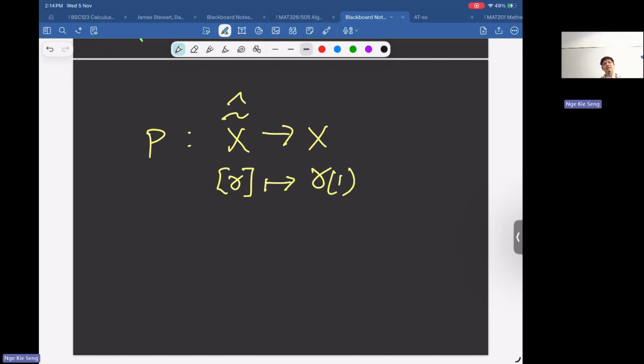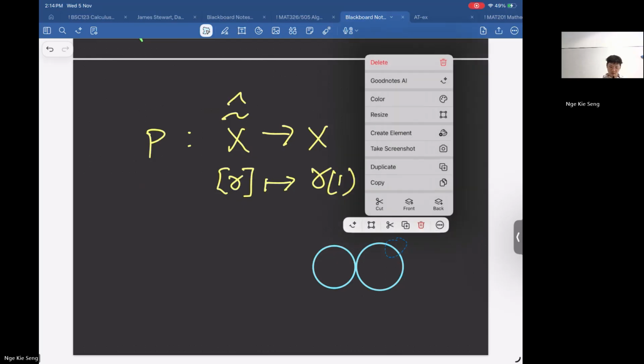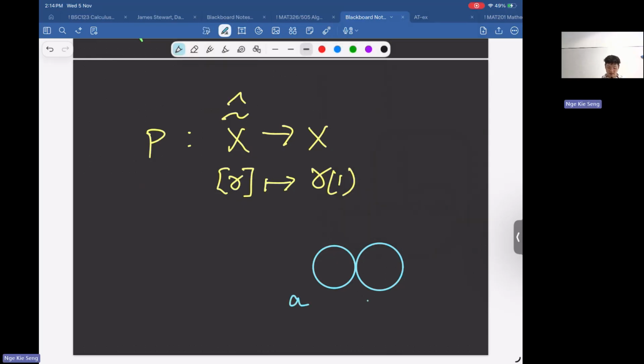Do you want to see some examples? How about we look at our X1 example. Here is A, here's B. Let's draw the simply connected covering space.